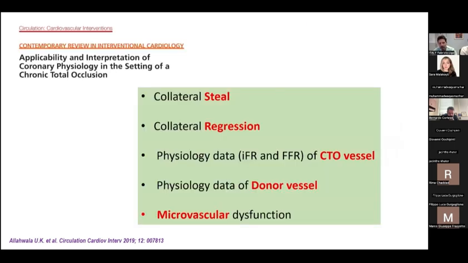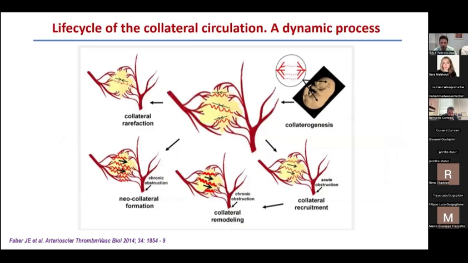But we have different evolution of collaterals. The concept of collateral circulation is a dynamic process. It has a typical life cycle: we have collateral recruitment, new angiogenesis, and collateral remodeling in terms of diameter.